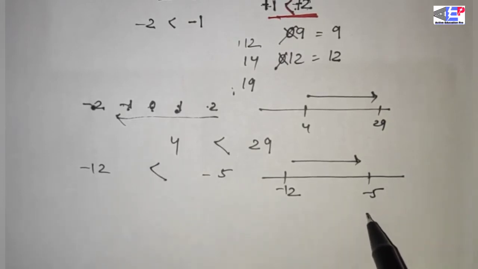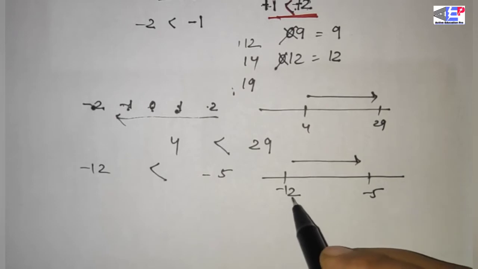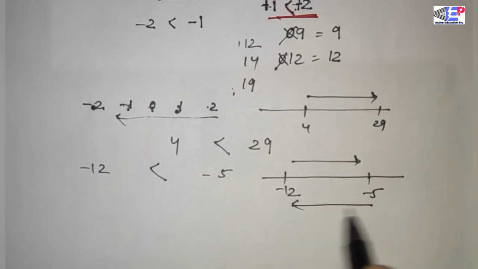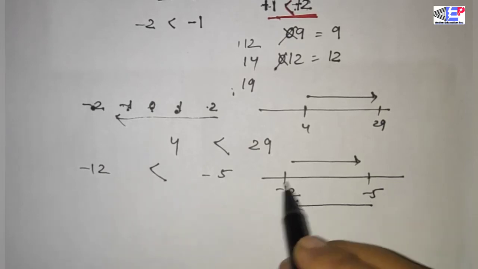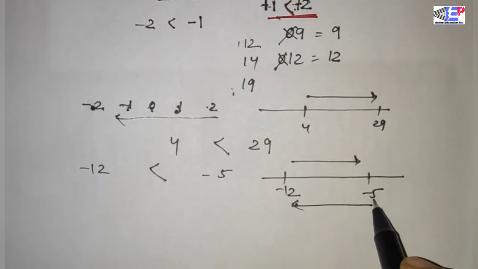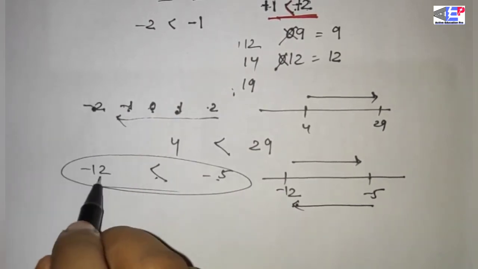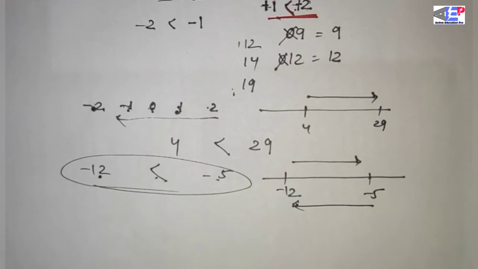If you move from -5 to -12, then you have to move right to left. So obviously right to left means this is the predecessor. Predecessor means -5 is greater than -12. The answer is the same, that -5 is greater than -12, whichever direction you move, left to right or right to left.